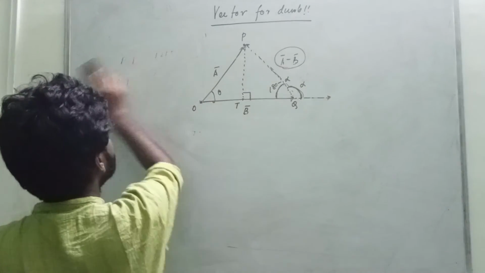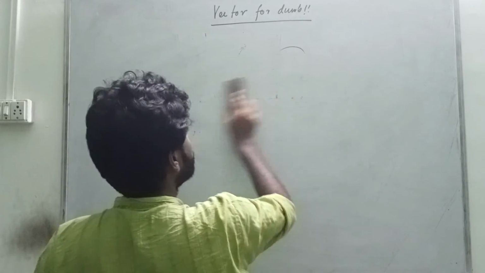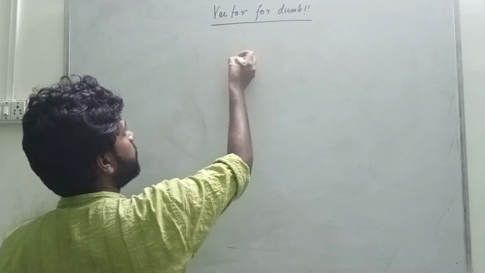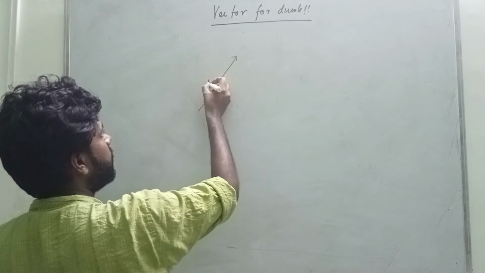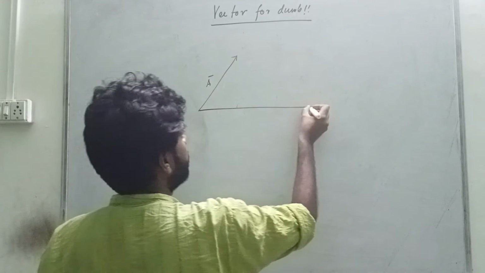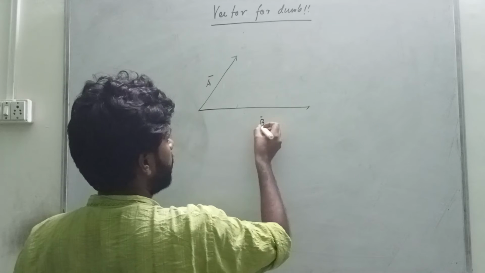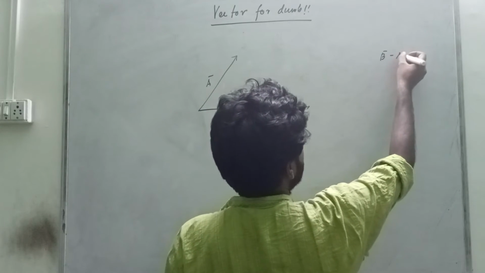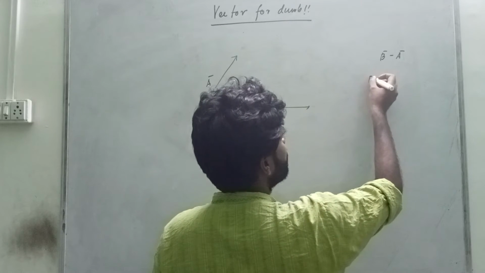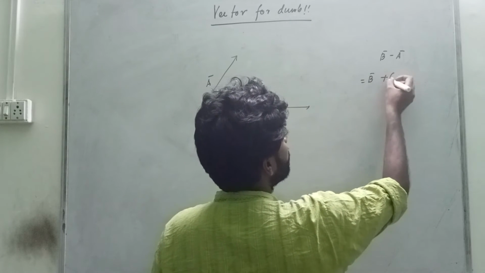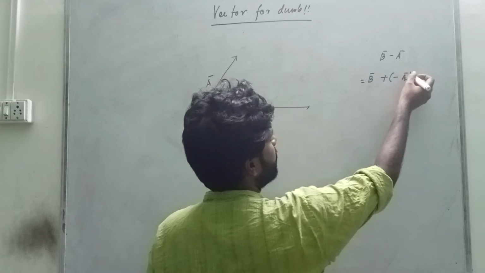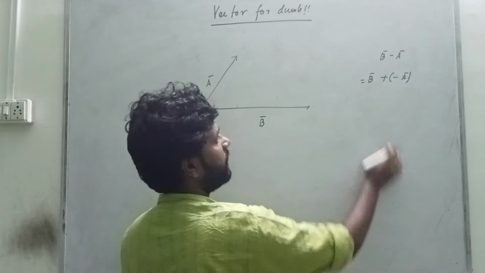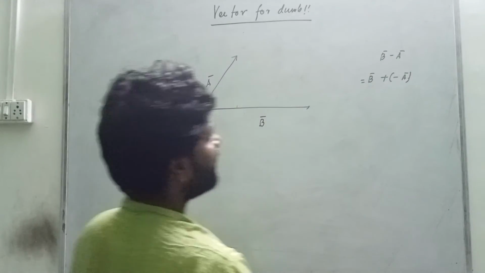Suppose it is our vector A. It is our vector B. I want to calculate B minus A here. And obviously B minus A means B plus minus A. Plus minus means a minus sign here.